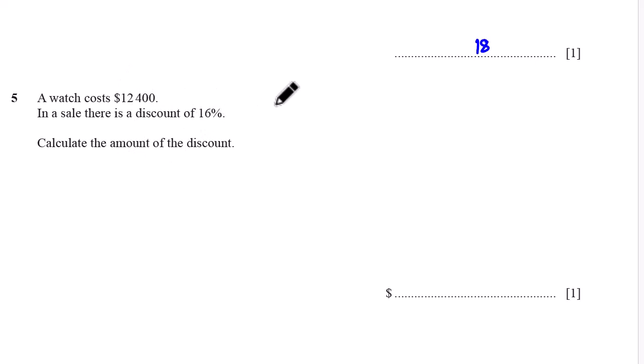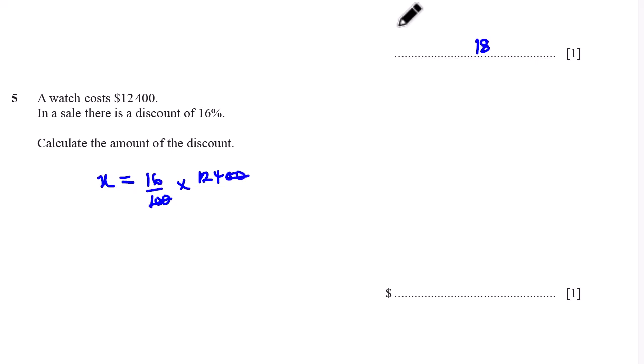So let's say that the discount is X, but the discount is also 16% of 12,400. So you say 16%, which is 16 over 100 times 12,400. You want to do your proper division and just press your calculator for 16 times 124.